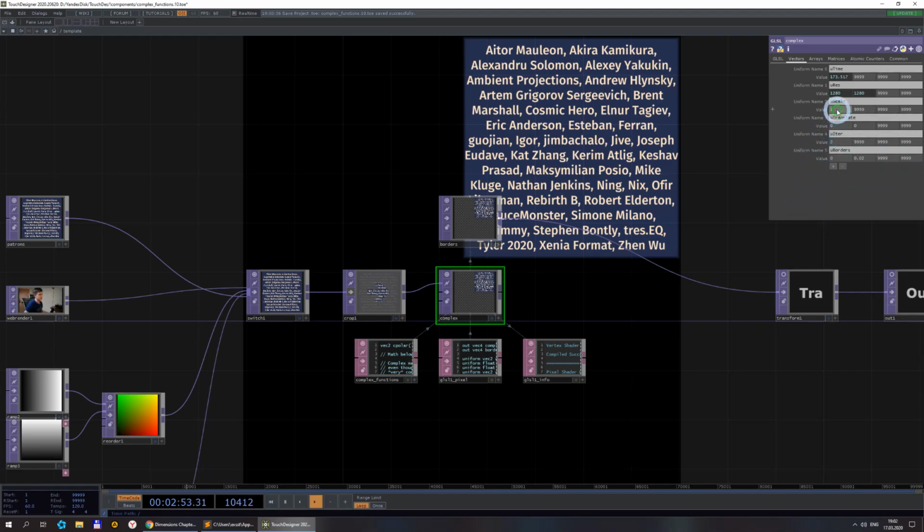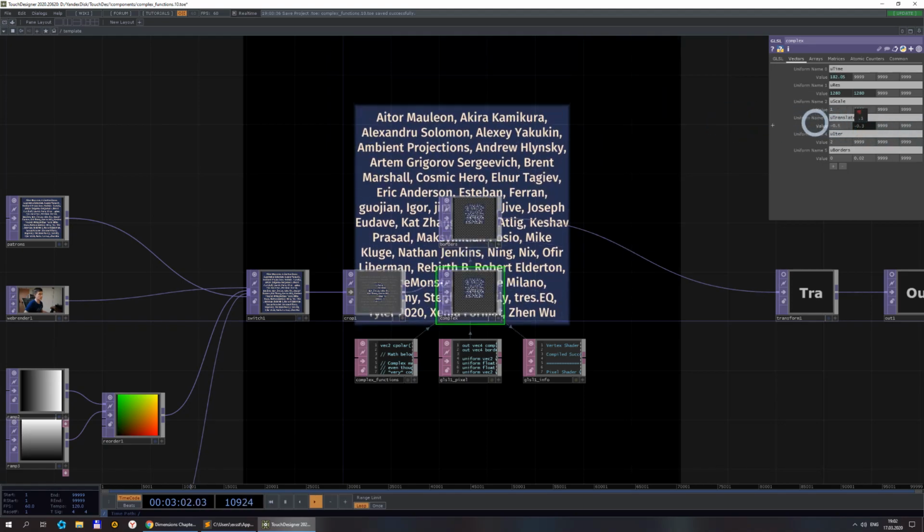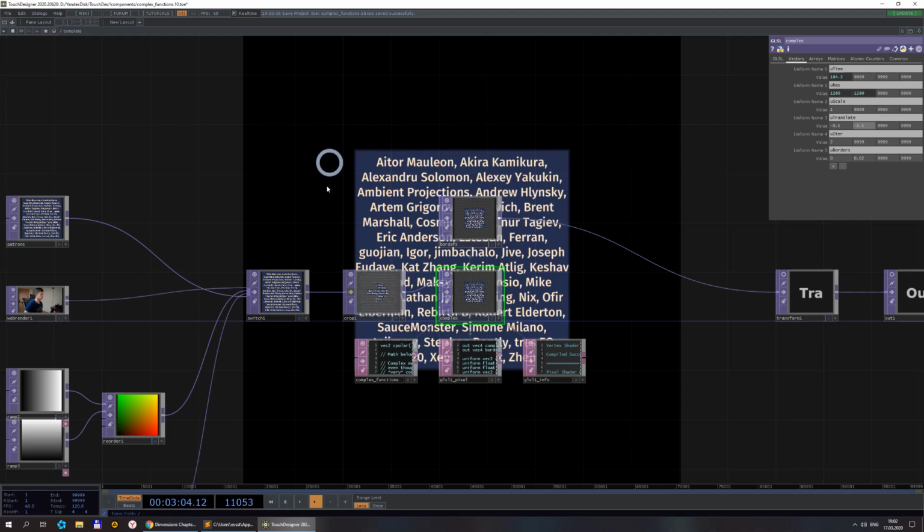But usually it's a good idea to start with 1 or with 2. And there is also translate. I didn't translate from the center because, usually, I'm not totally sure why. I have some ideas but not sure.